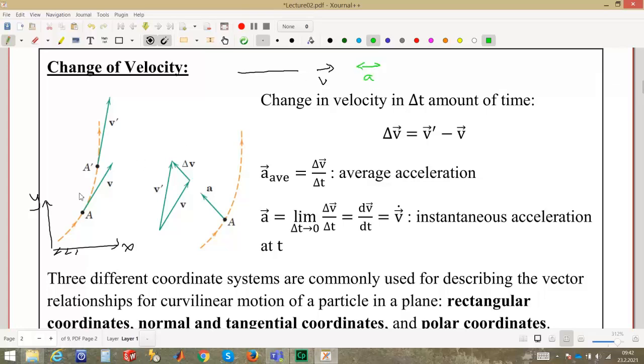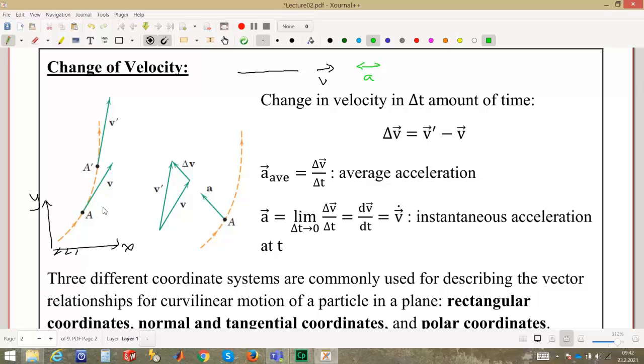Okay. However, in a curvilinear path, because we are taking a curve, the velocity vector's direction is changing. There is a component of the acceleration that is used for the change of the direction, and another component of the acceleration that is used for the change of the magnitude of the velocity. As a result, the acceleration will never be aligned with the velocity vector's direction at any time if the motion is not rectilinear.